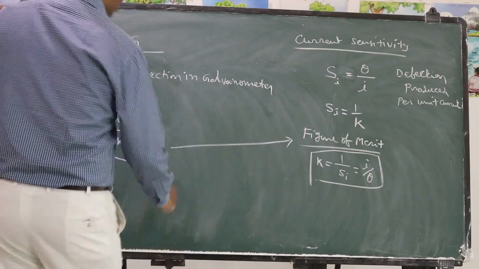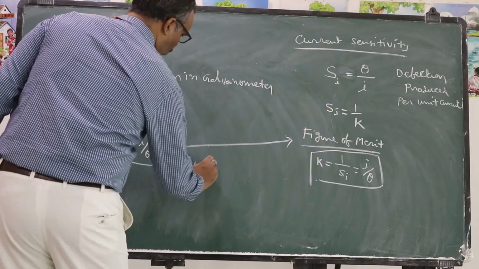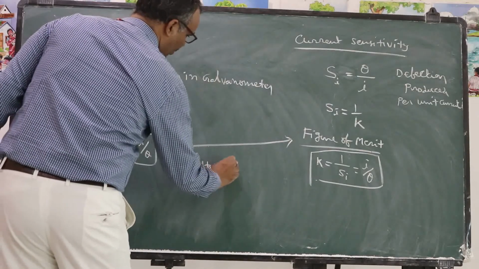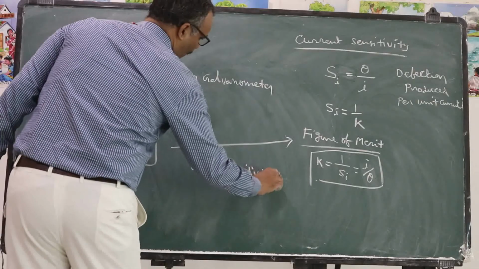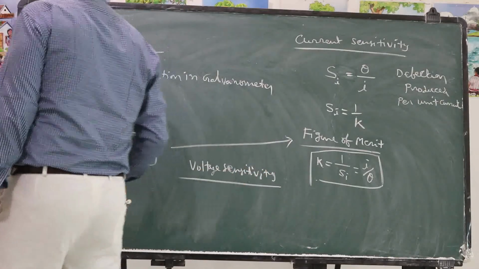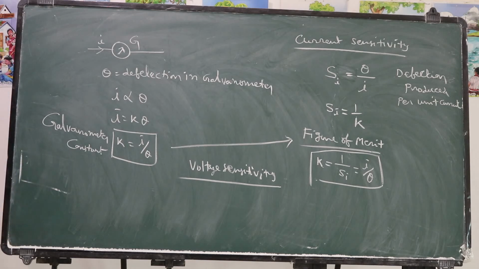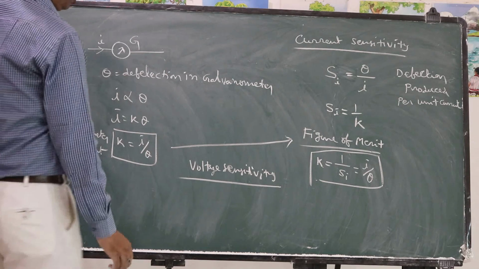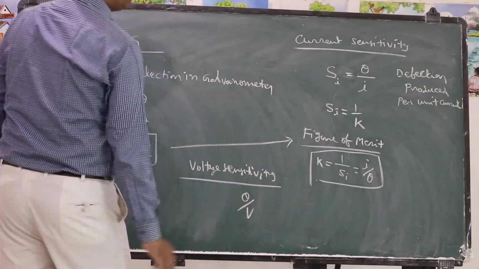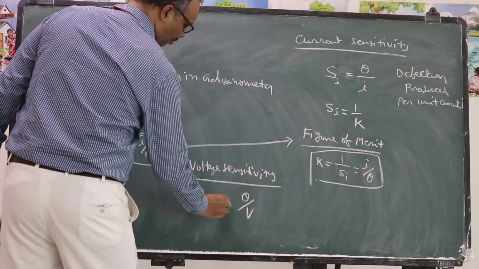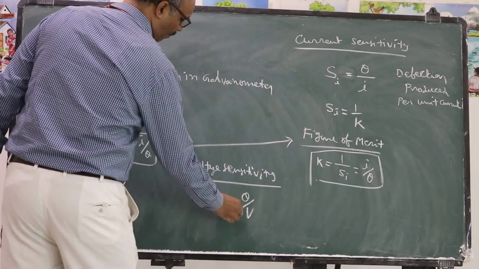Similarly, voltage sensitivity. Can you define what is voltage sensitivity in the similar manner? Voltage sensitivity is defined as deflection produced for 1 volt potential difference. It is represented as SV.